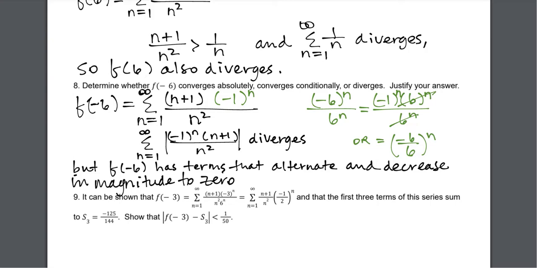So that means that f of negative 6 converges, and since we already showed that the sum of the absolute value of its terms diverged, that means f of negative 6 converges conditionally.